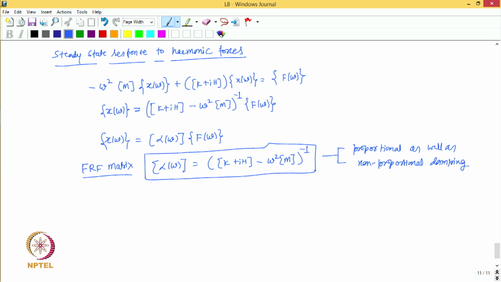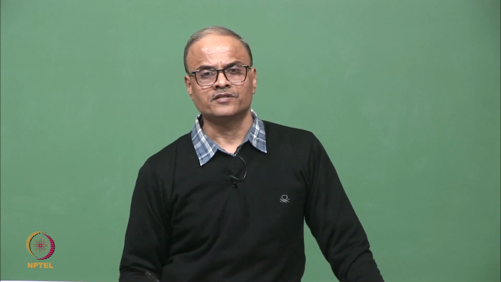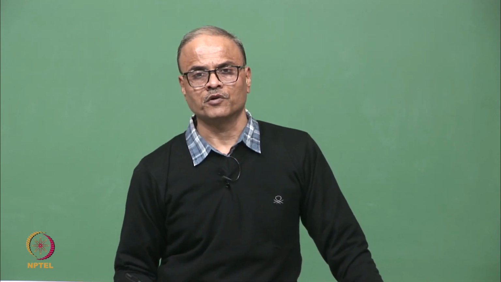So, this we can call the direct method of analysis, because here we are directly finding the solution from the differential equation. But now let us use the modal analysis method and see how we can analyze the response.